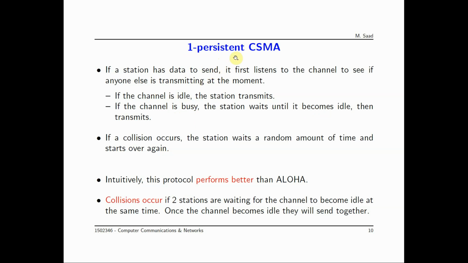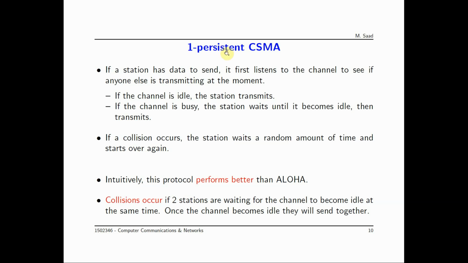So that station is persistent in seizing the channel once it becomes idle, with probability 1. There is no possibility that the station would back off, wait for a random time, and then come back to try again. That does not happen. So the station insists or persists on seizing, capturing the channel immediately after it becomes idle.